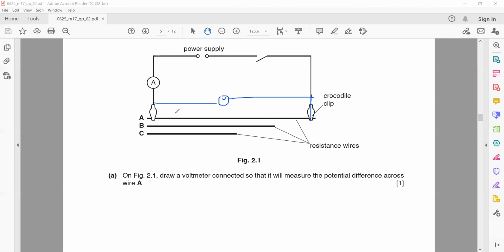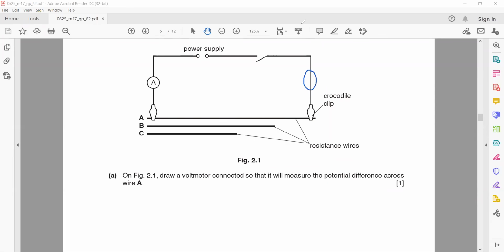Even if you connect here, that's the same, but if you connect only for this part, you will not get the total voltage, only the voltage drop within this part. Sir, can we draw here? If you draw at this part, you are getting a voltage in this part only. But the question asks to measure the potential across wire A, so it must be parallel to wire A.